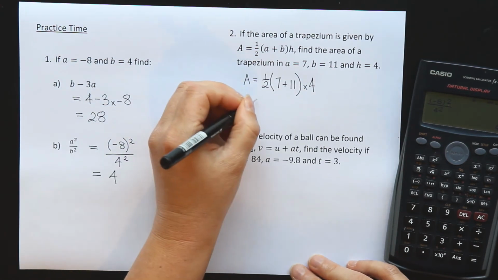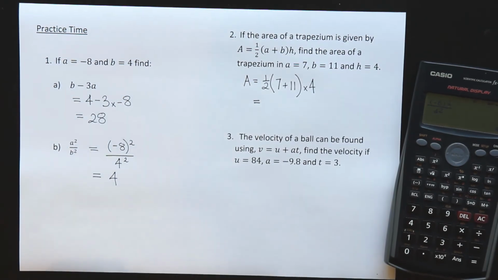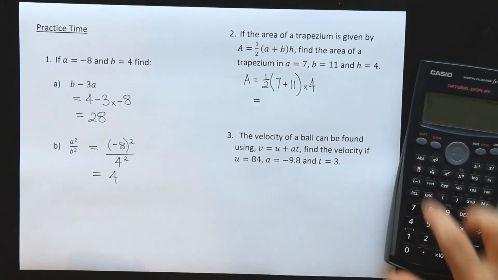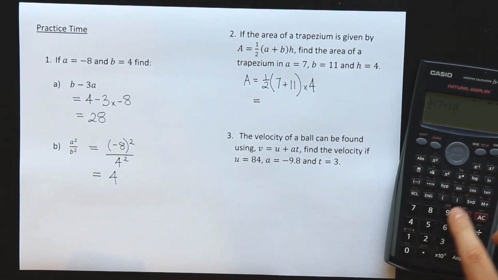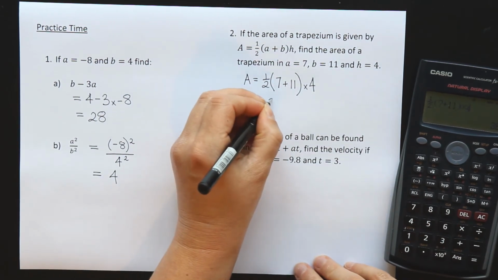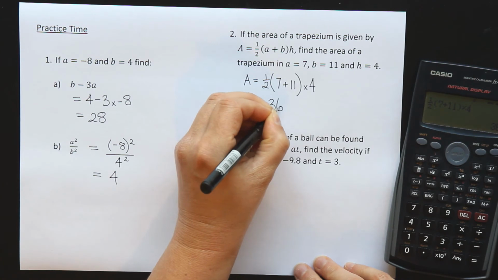And it's times 4. Alright, type that in your calculator. Half bracket 7 plus 11 times 4. Okay, 36.